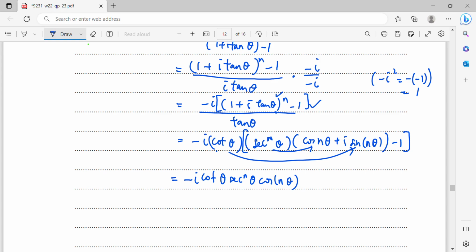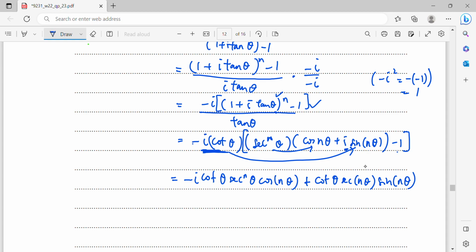Then now, be careful, i squared is minus 1. So minus is a plus. That's why I will get plus cot theta, secant n theta, then sine n theta. And this cot, the minus i cot theta multiplied by minus 1.